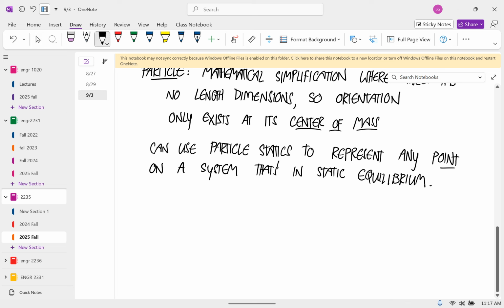There's only one governing equation for particle statics.